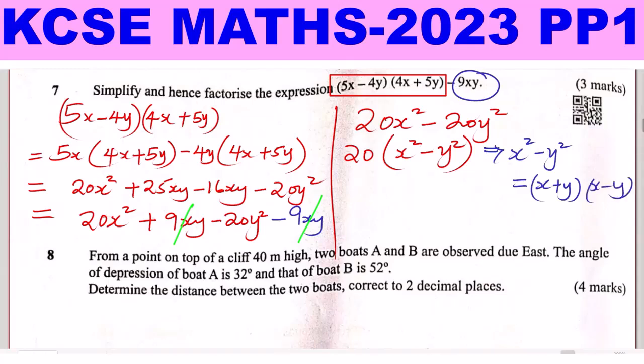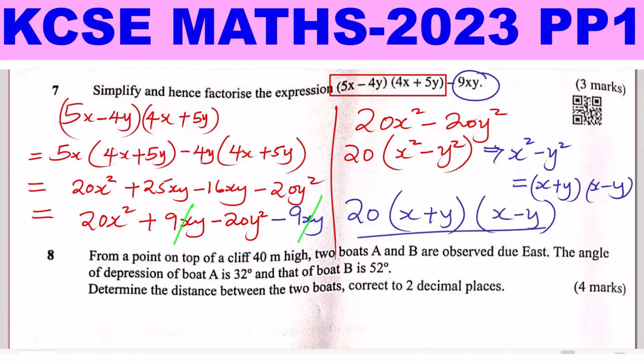Therefore, this will be 20 brackets, x plus y, then x minus y, and this is the final solution.